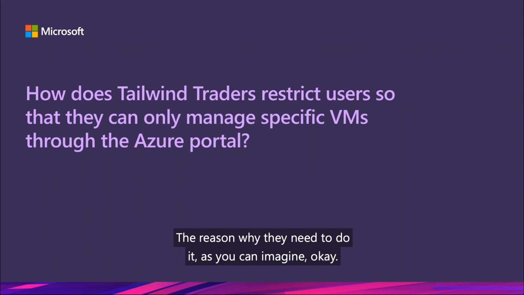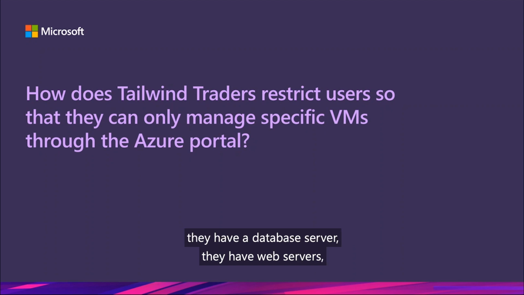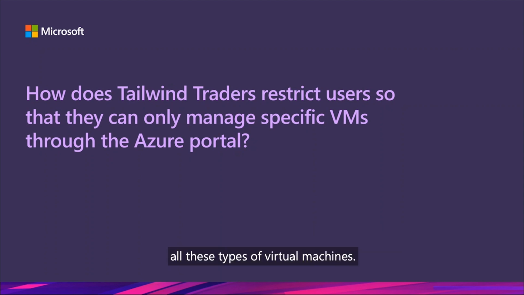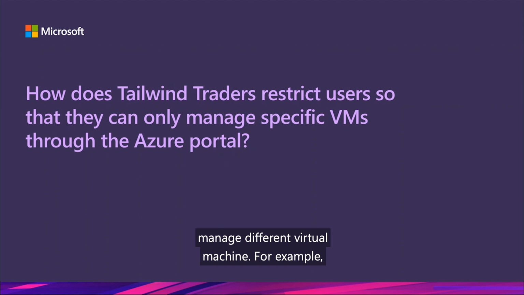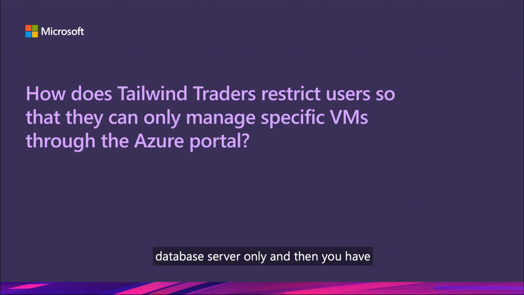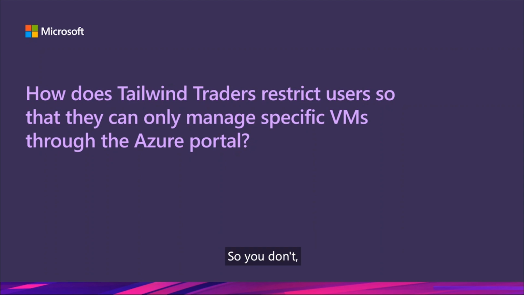The reason they need to do it is, you can imagine, a single project has a domain controller, a file server, a database server, web servers, all these kinds of virtual machines. It's really common to have different people manage different virtual machines. For example, you have a DB admin to manage the database server only, and an Active Directory admin to manage the domain controller.